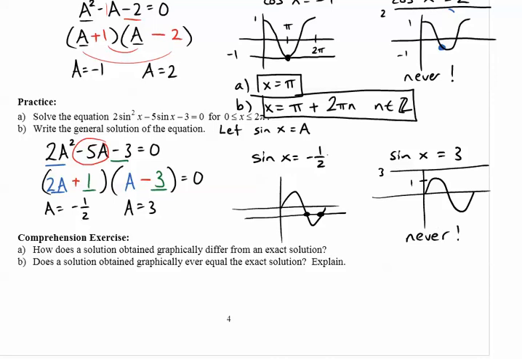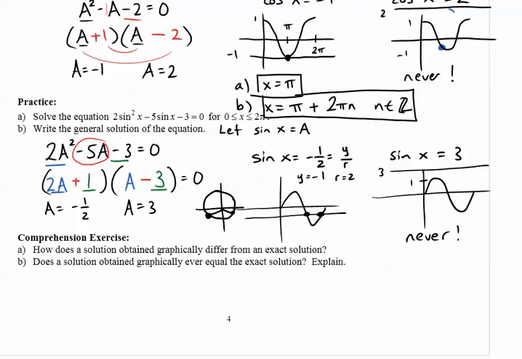So now I can think of it in terms of x, y, and r again. So sine is y over r. So that means that my y value is negative 1 and r is 2. That's a 1, 2, 3 triangle on the unit circle. Let me draw a unit circle over here. So my y is negative, my y is short. That's going to be here and here.